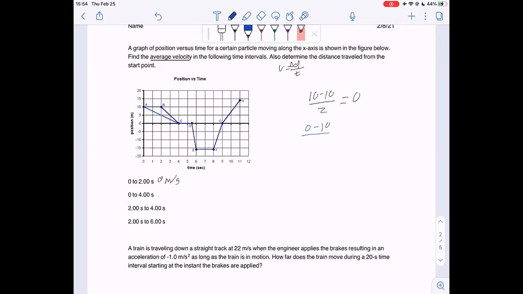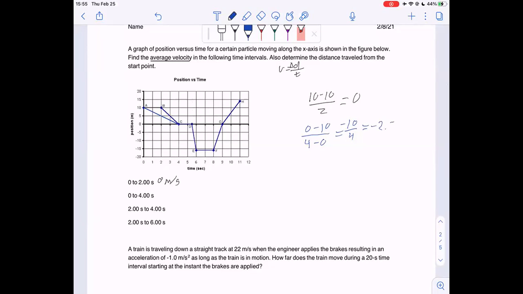We went from 4 minus 0, giving us 10 over 4. That 10's negative, giving us what for our velocity? Two point five.